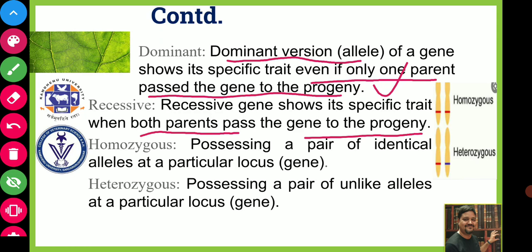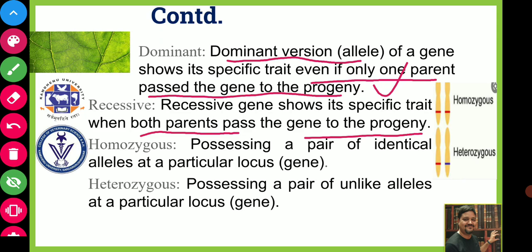I hope the concept of dominant and recessive gene is clear to you. Dominant: even if only one parent transmits it to the progeny, the progeny will show this character. Whereas in case of recessive, only when both the parents transmit it to the progeny will the character be expressed.